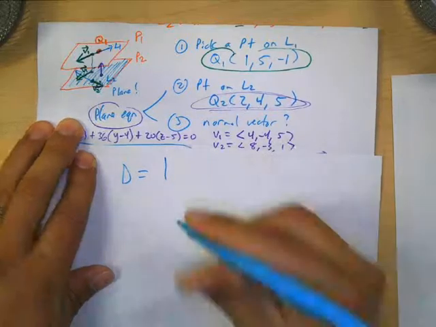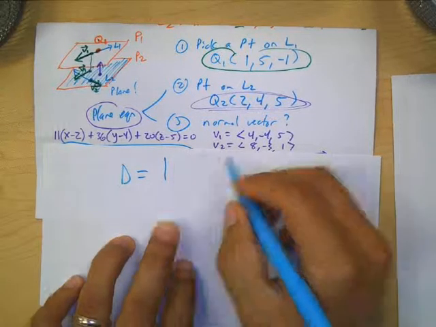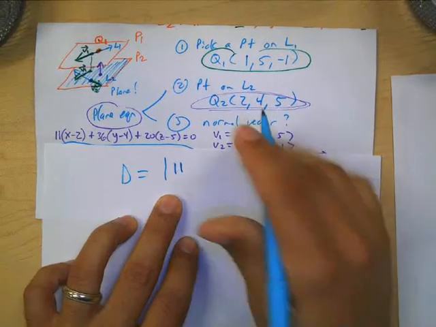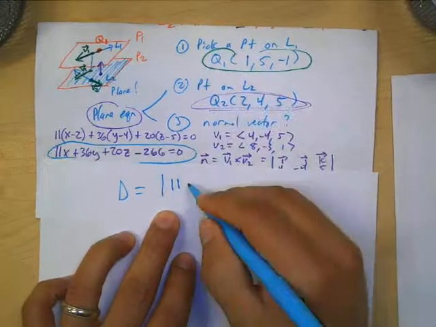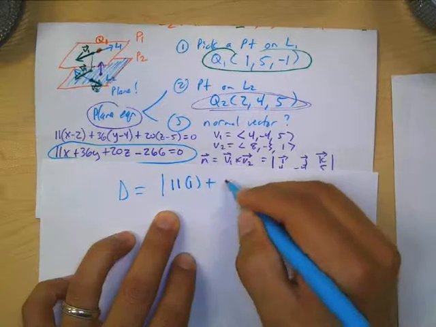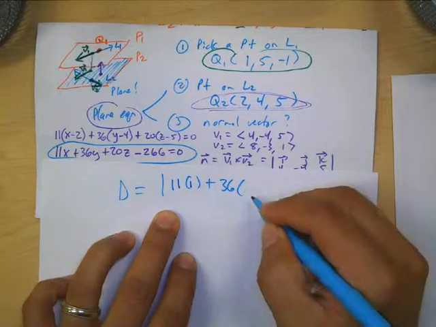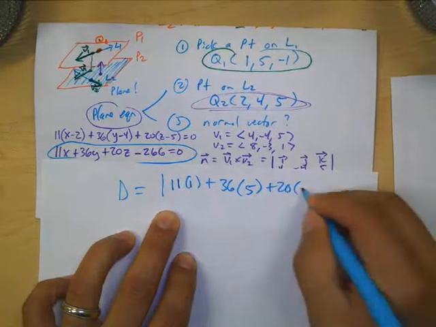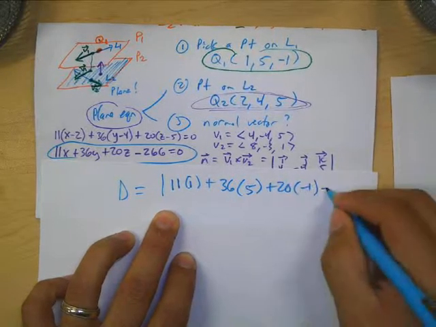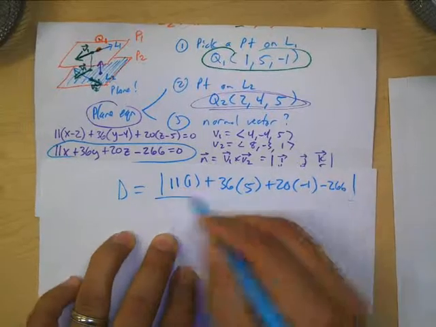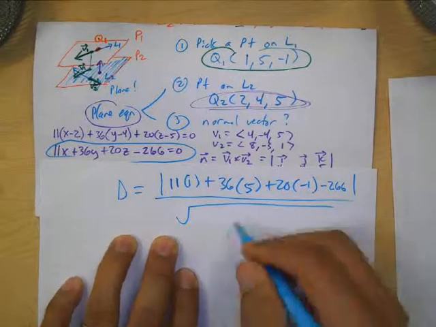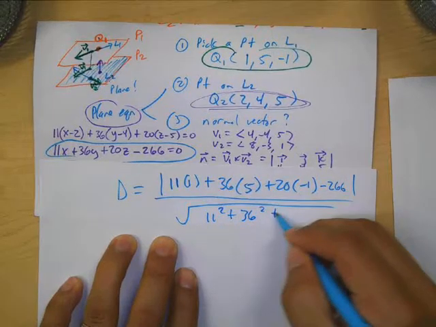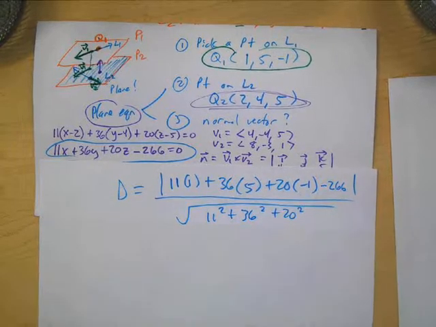So the distance will be what? Absolute value of 11 times 1 plus 36 times the y coordinate, which is 5, plus 20 times the z coordinate, which is negative 1, minus 266, all over the square root of 11 squared plus 36 squared plus 20 squared, the sum of those.